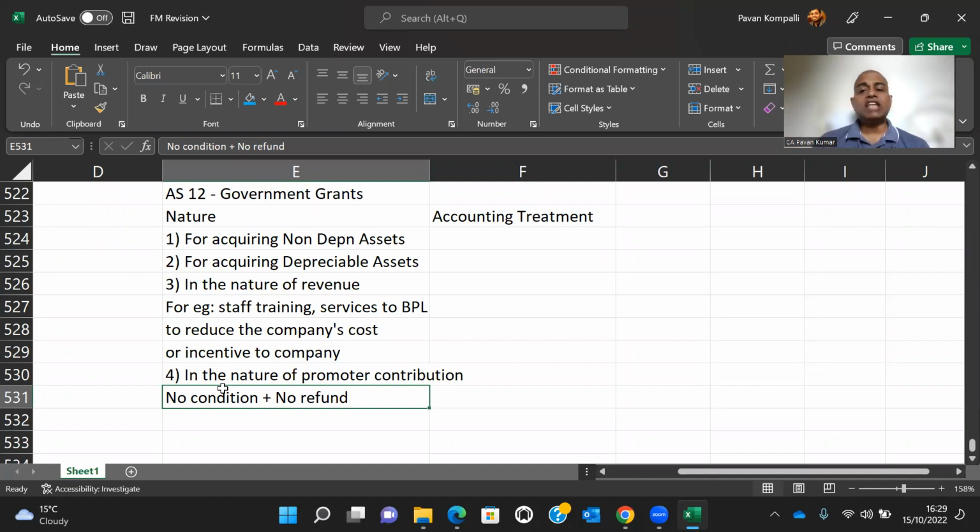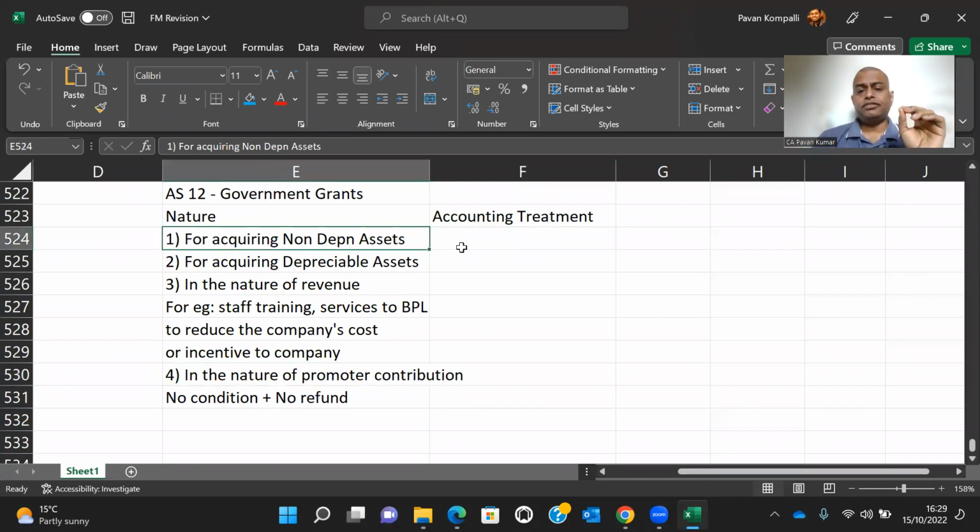Deepak, 3 is revenue, 4 is capital. He's asking what is the difference between 3 and 4. Point number 1: 3 will have so many conditions, 4 will not have conditions normally. Maria is saying 4, 4, 4. Everybody is saying 4. Answer is 4. Excellent. Now let us look at the accounting treatment.